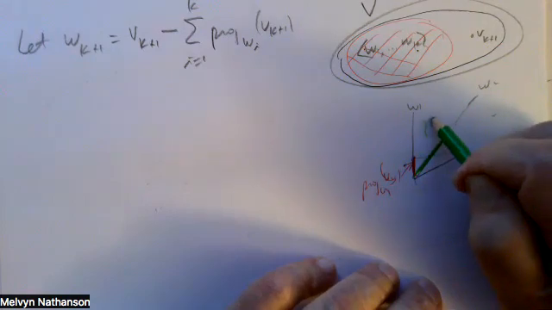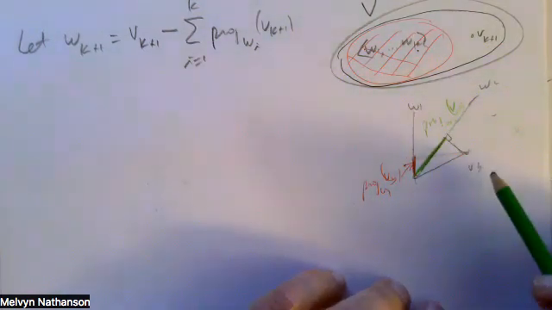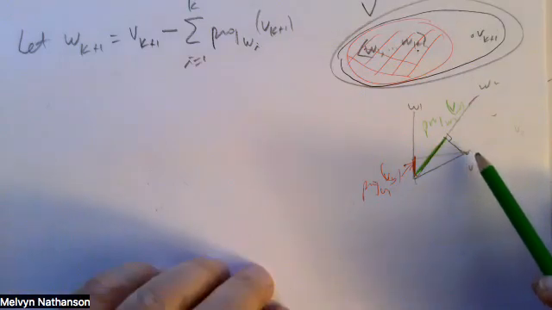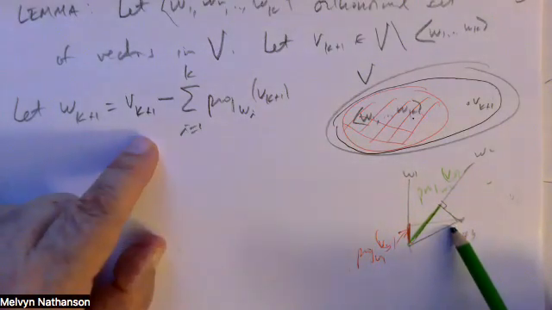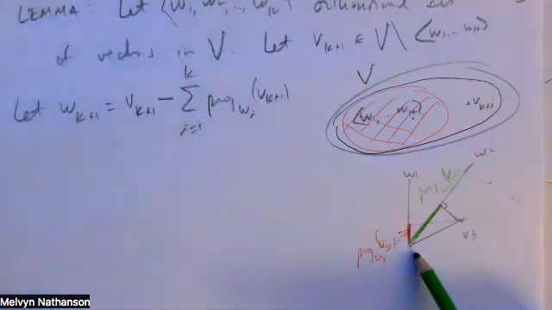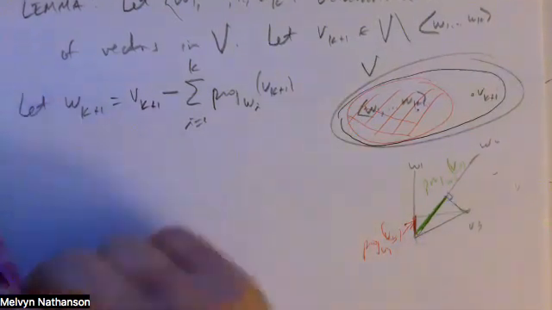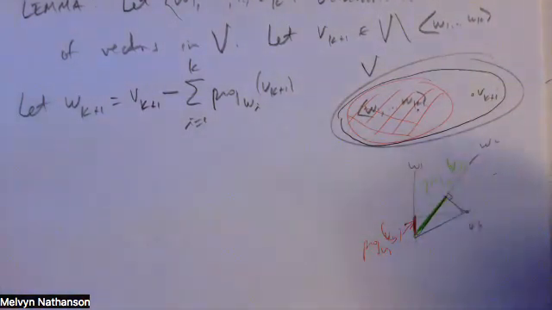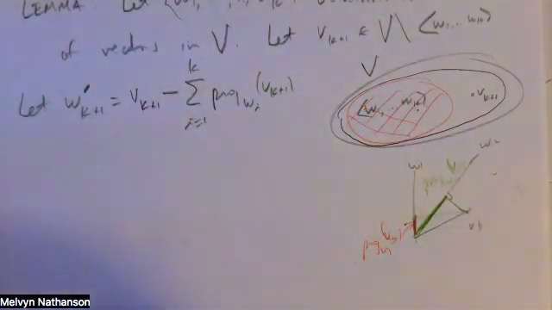So this is the projection of v3 on w2. So I'm taking the vector v3 and subtracting from it the projections of that on all the different vectors in this set of w's. So that's another vector, and I'll call this w_{k+1} prime.